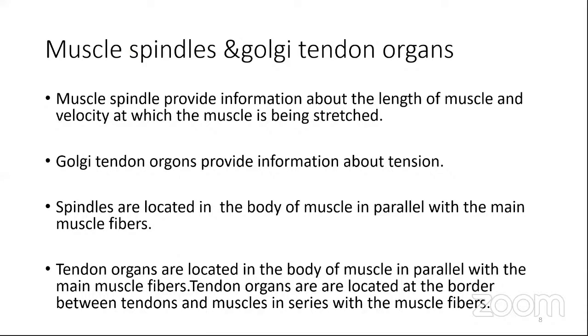Spindles are located in the body of the muscle in parallel with the main muscle fibers. Tendon organs are located at the border between tendons and muscles in series with the muscle fibers.